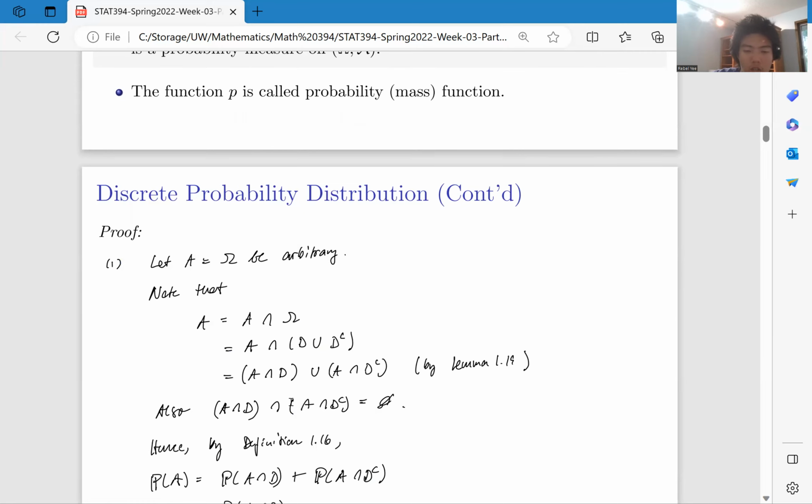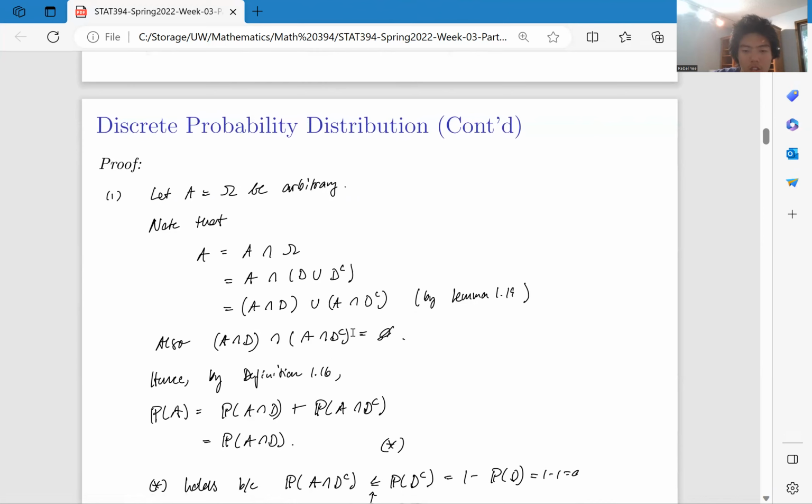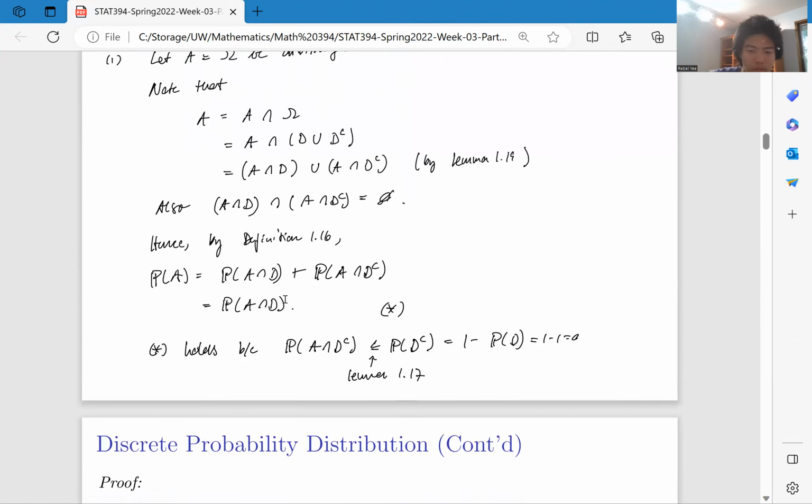So their intersection is empty. And we got this because their intersection is empty. We can sum them up to be P(A). And just because A intersect with D is already in D, and it cannot be larger than that. So P(A) is equal to P(A intersect with D), and that's because P(D) is equal to 1.